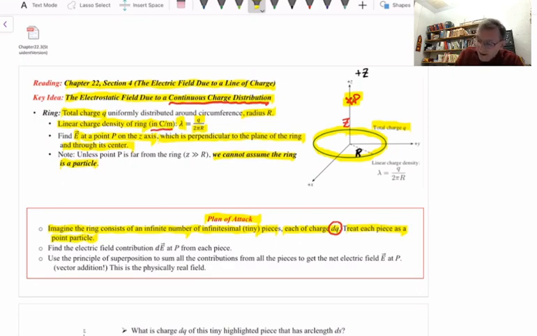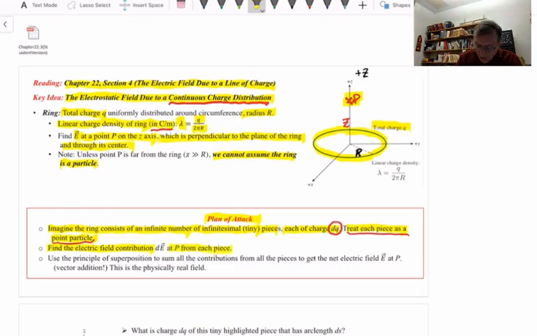That's really important. Treat each piece as a point particle. It takes an infinite number of those pieces to make up the total ring, but any one piece can be treated as a particle.